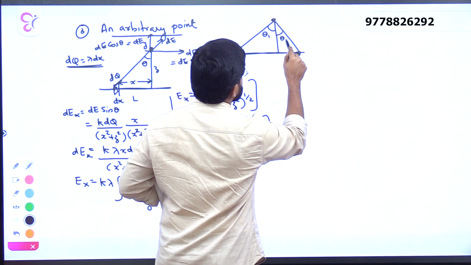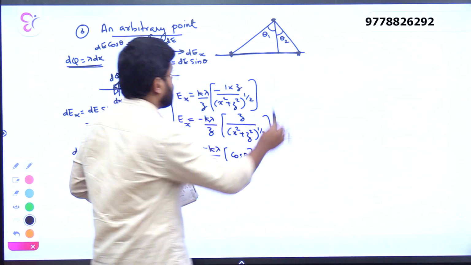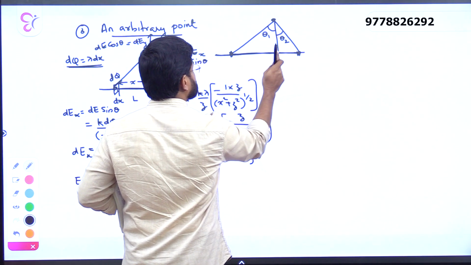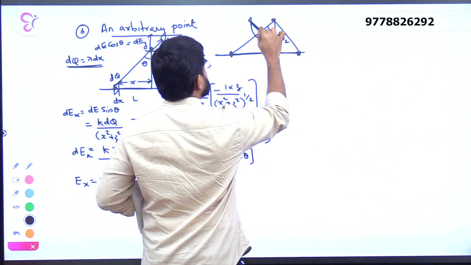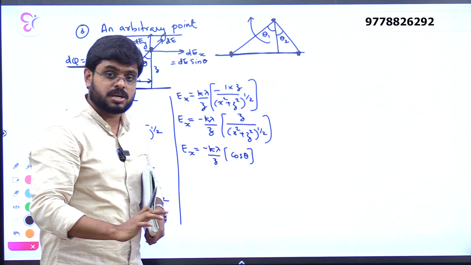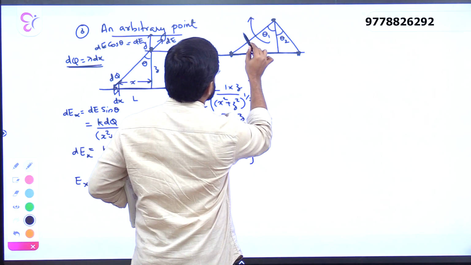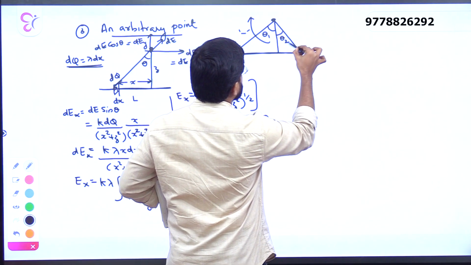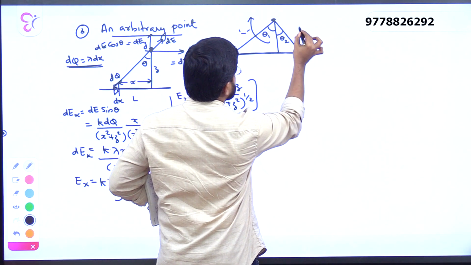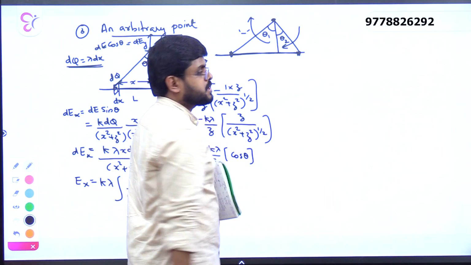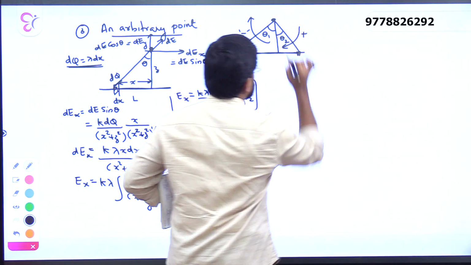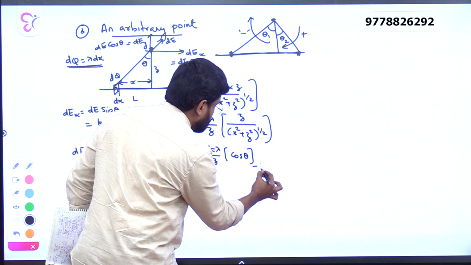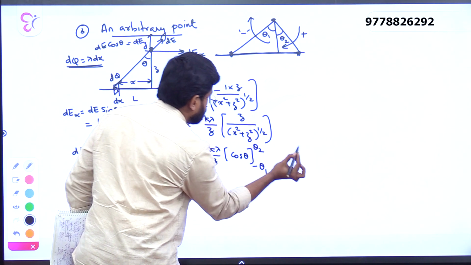So this one is theta 1 and this is theta 2. Theta 1 is measured in the clockwise direction, so we take theta 1 as negative. Theta 2 is measured in the anti-clockwise direction, so we take theta 2 as positive. So cos theta varies from minus theta 1 to theta 2.